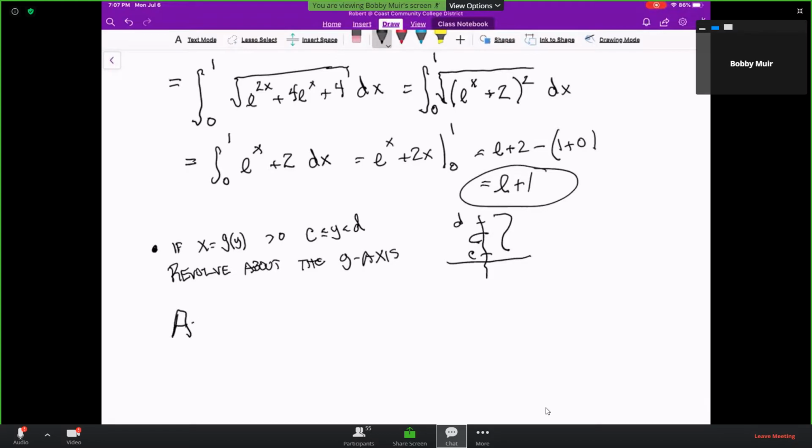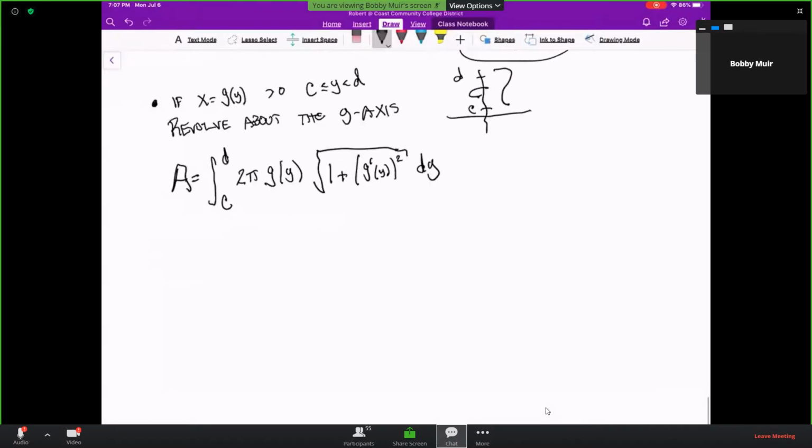All of the letters just get relabeled. So you're going to go from c to d, 2 pi g of y, then the square root of 1 plus g prime of y squared dy. And sometimes we see this written like this: c to d, 2 pi x square root of 1 plus (dx/dy) quantity squared dy.